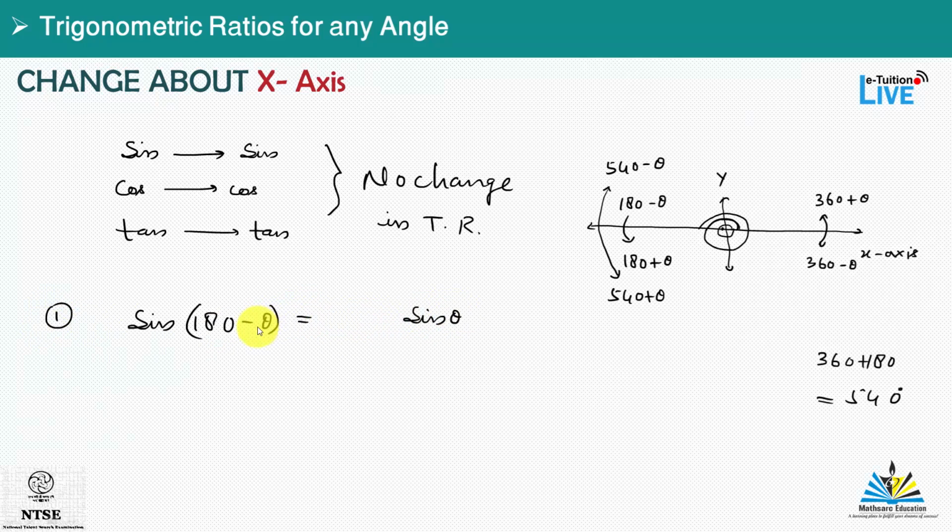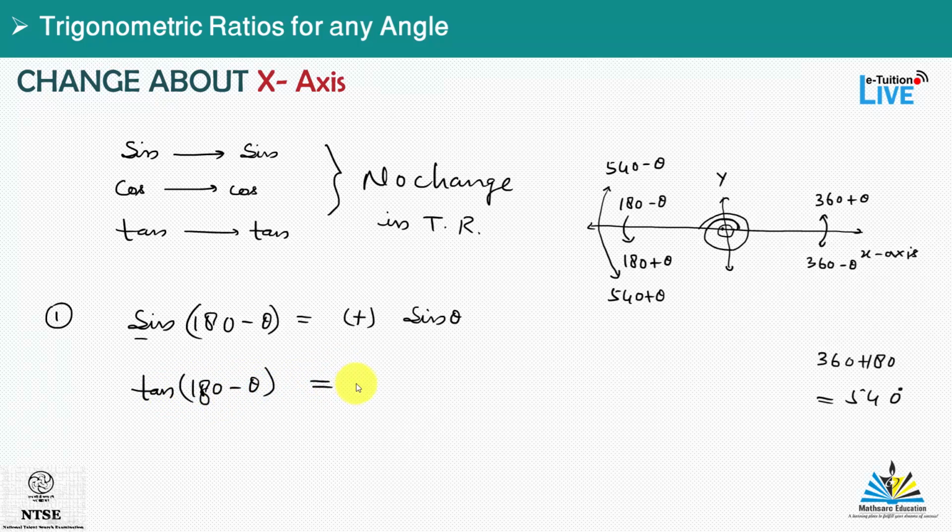Sine theta. Now we need to take care of the sign, plus or minus. Since 180 minus theta lies in the second quadrant, the sign of this will be positive, as sine is positive in the second quadrant. Let's say tan of 180 minus theta.